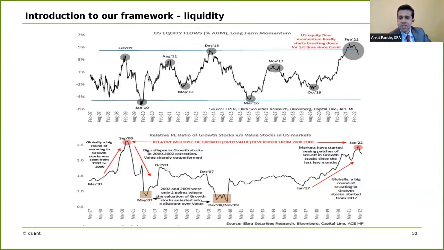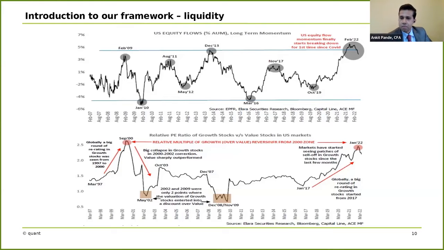So this is something that we picked on, an early trend that we picked on last year, around September 2021. In our communication to investors, we did say that we do see a massive change where growth stocks should probably be only a tactical part of the portfolio, and value should be the core of your portfolio.